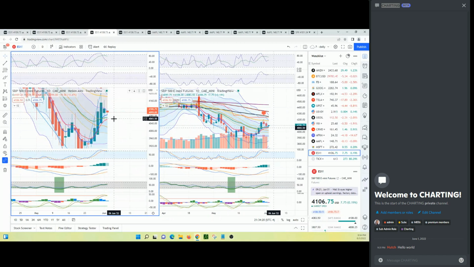Apple couldn't push down to the range that we were looking for, 143.27 to 147.27. That was the number I was looking for Apple to test, but unfortunately that did not happen. Apple bounced off around 147.80 or something like that. Unfortunately, we couldn't get another point to the downside on Apple.